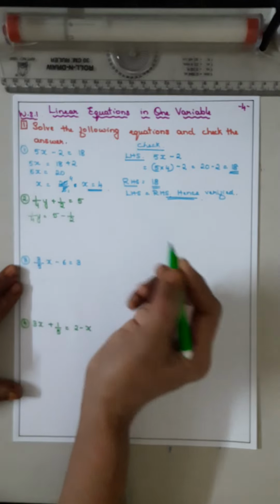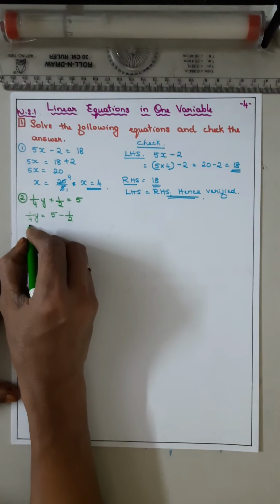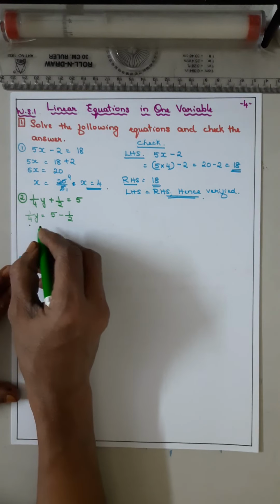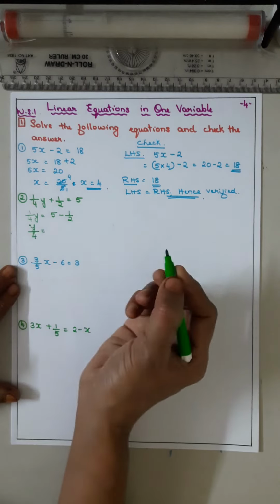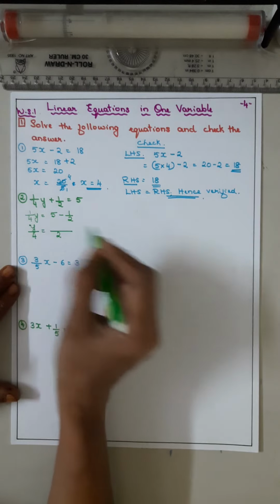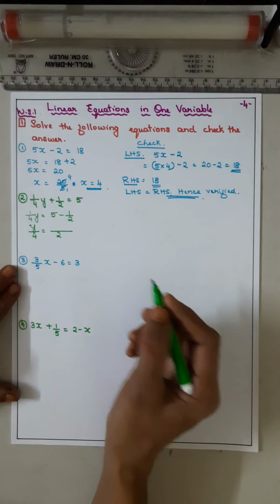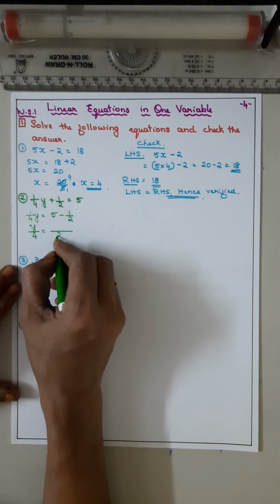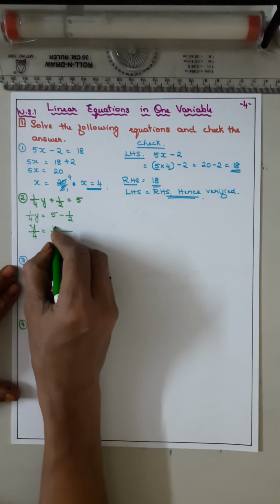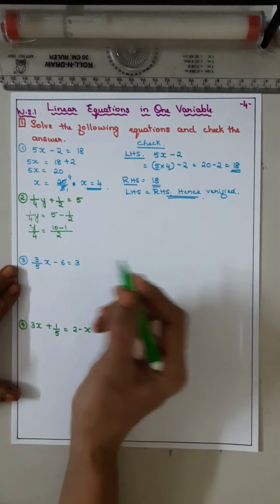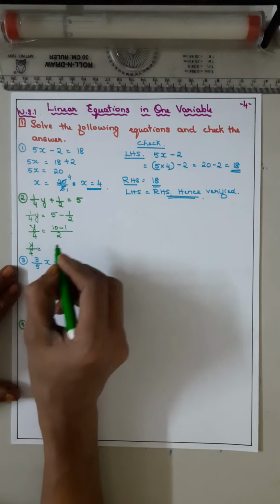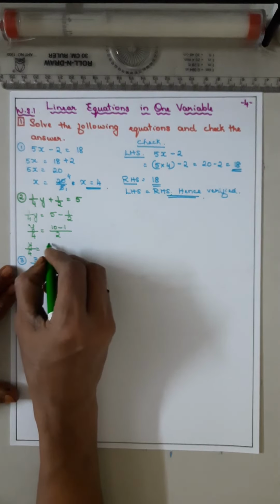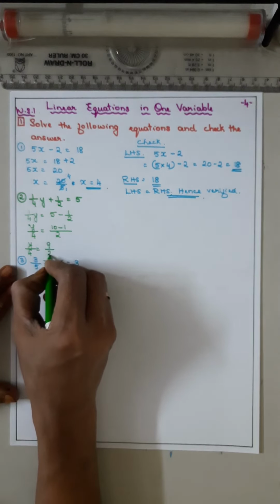It will be minus 1 by 2. Now 1 by 4y means y by 4 is equal to, fraction you have to take the LCM. So 1 2s are 2, 5 2s are 10 minus 1. So it will be y by 4 is equal to 10 minus 1 is 9 by 2.